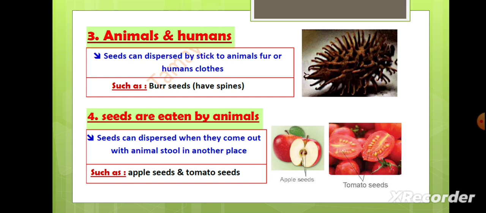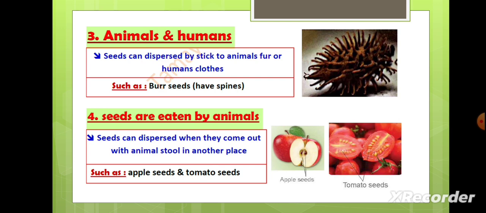So, four ways for seed dispersal. We have said that we have wind, when seeds are light, like dandelion and maple seeds. It can be dispersed by water, like the coconut seed when it floats on water. Third, we talked about animals and humans and how they affect seed dispersal, when seeds with spines, like pear seeds, stick on the animals' fur or the humans' clothes.